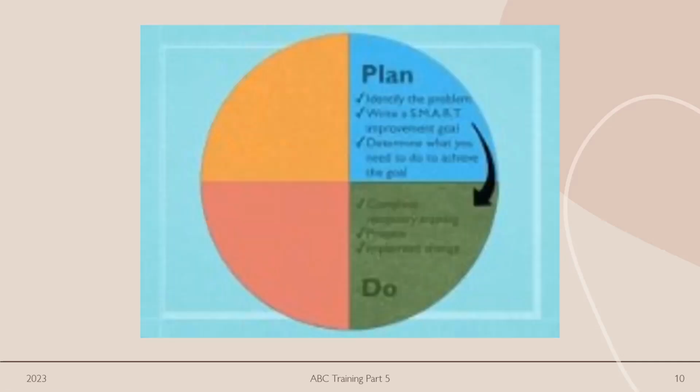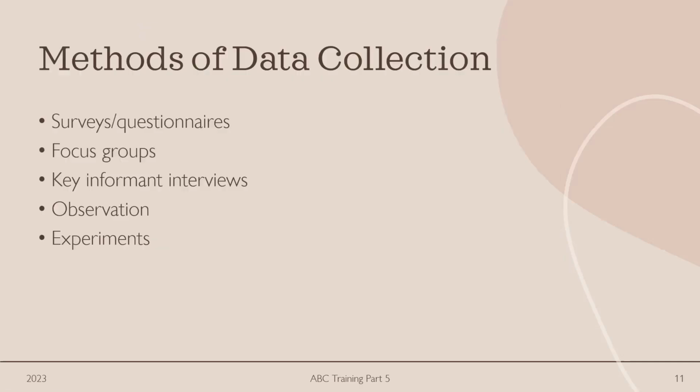So let's talk about methods of data collection. We talked about qualitative versus quantitative earlier. What I don't have on here is ways to collect quantitative data so much, which could be experiments, right?